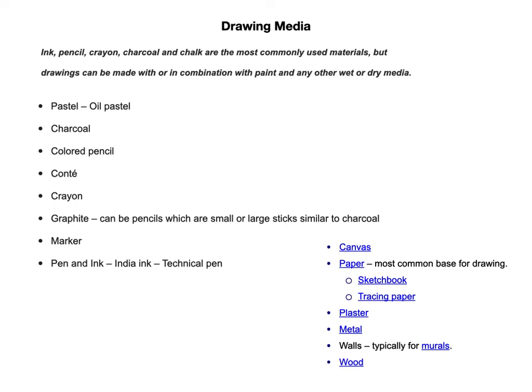What we draw on, so those are the media, then we also have what we draw, what we draw with, and then what we draw on. So we have canvas, paper, tracing paper, plaster, metal, and wood, possibly brick, concrete as well.